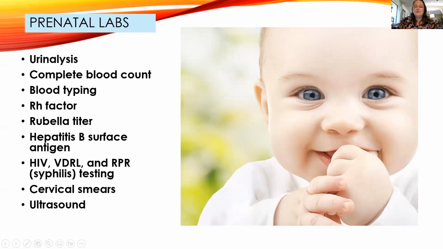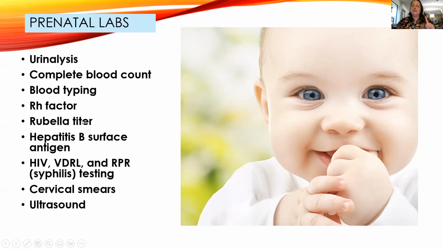Rubella is one of those, measles, mumps, and rubella is where we typically see this vaccine. And it is one of those modified live vaccines or live vaccines that we cannot give in pregnancy. Now, why can't we give a live vaccine in pregnancy? We've already talked about this. And that's right, it's because her immune system is suppressed.